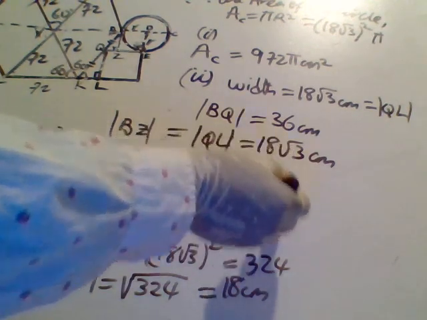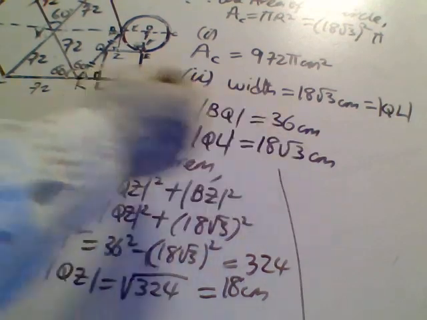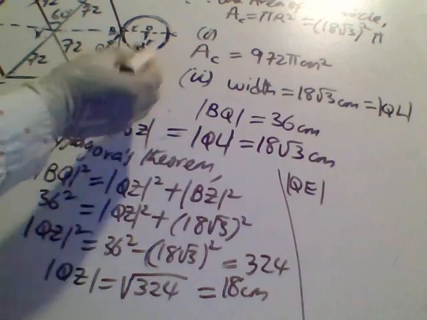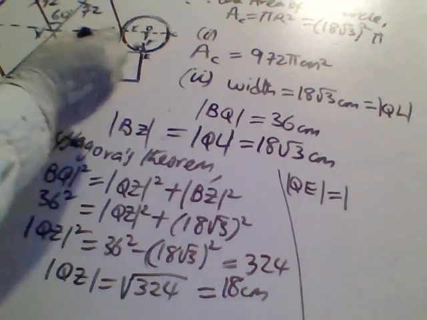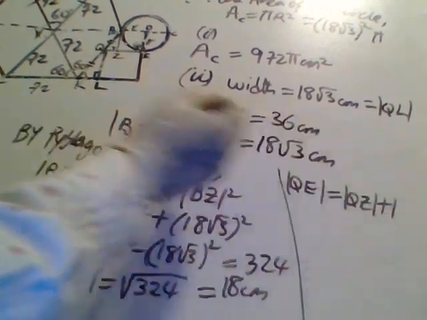So what am I saying? I'm saying that QE is equal to QZ, as we have seen, plus EZ.